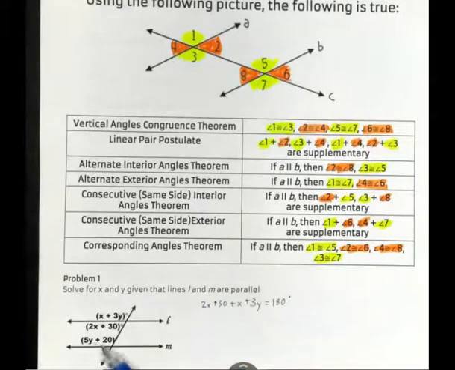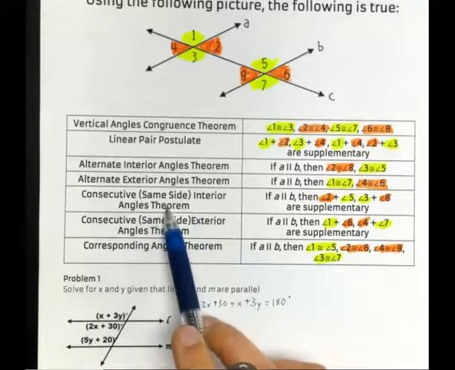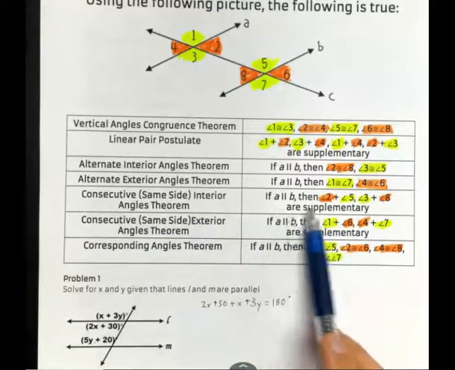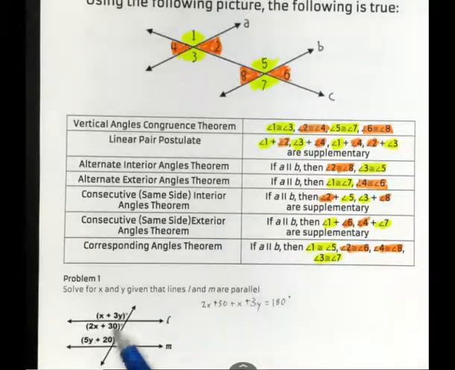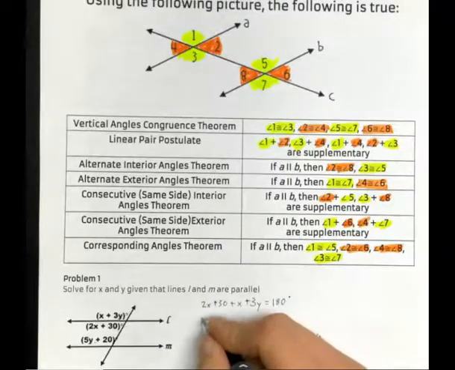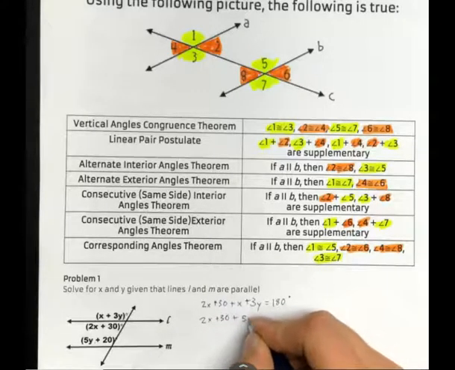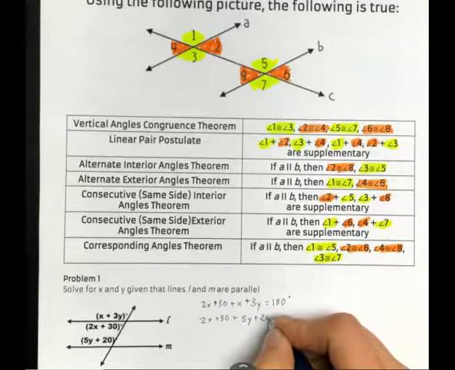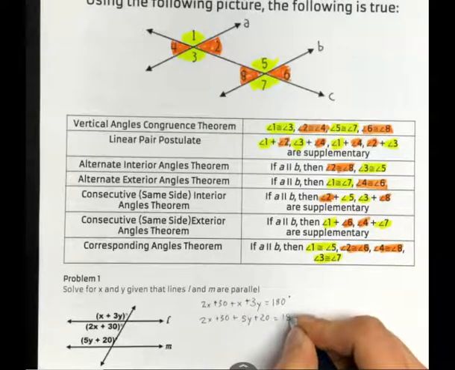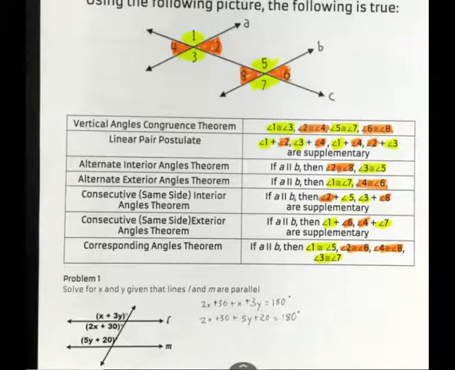Next, I notice that this part plus this part is also 180 degrees because these are consecutive interior angles. Consecutive interior angles theorem says that consecutive interior angles are supplementary. So now I have this part plus this plus the other part is equal to 180 degrees.